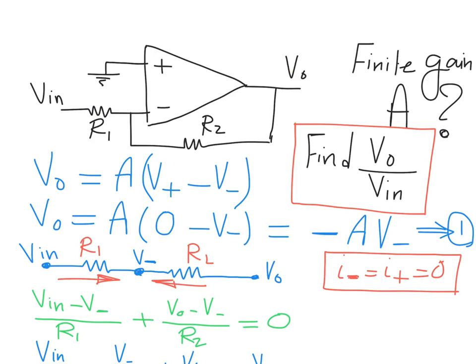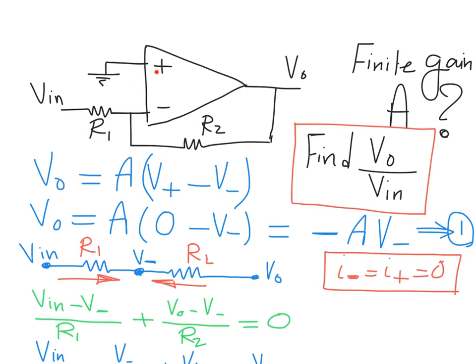The first relation is Vo equals A times V plus minus V minus. This is an inverting operational amplifier, so at the end we could expect the relation will have a negative sign.